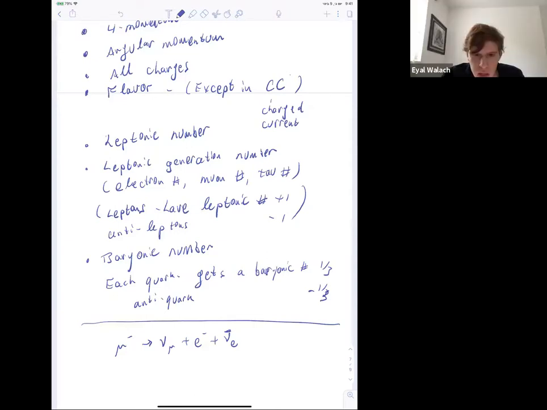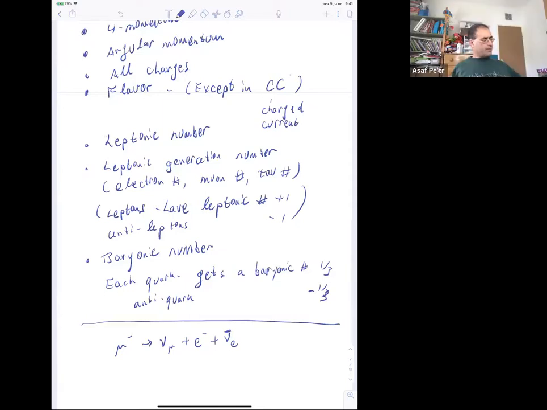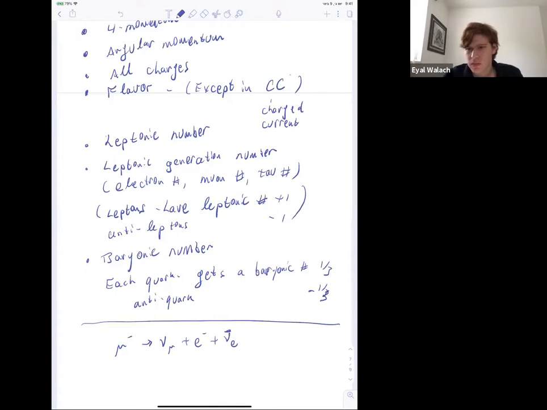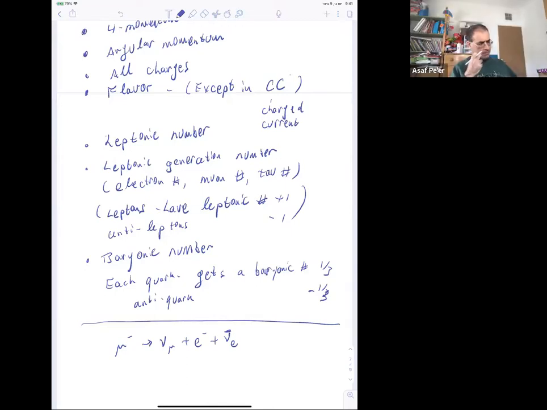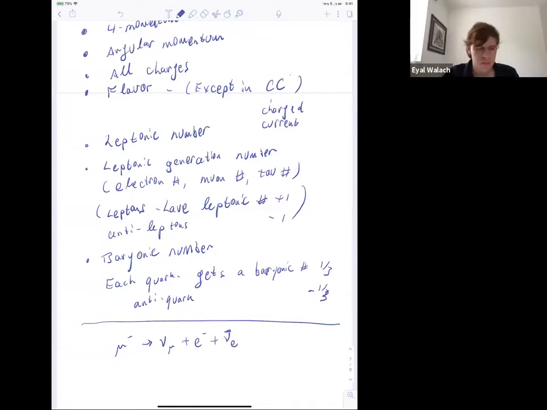But here it seems to me like the leptonic number is the sum of the electronic and the muonic numbers. Well, it's treated as a separate quantity. If I think of something to prove that, I need to think. All right, I'll tell you.